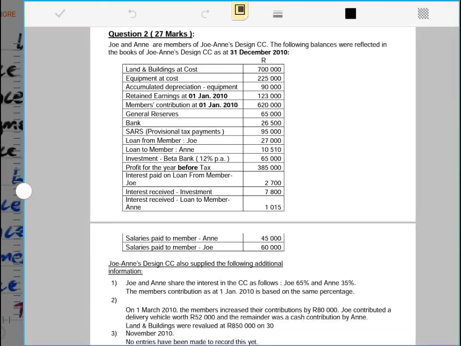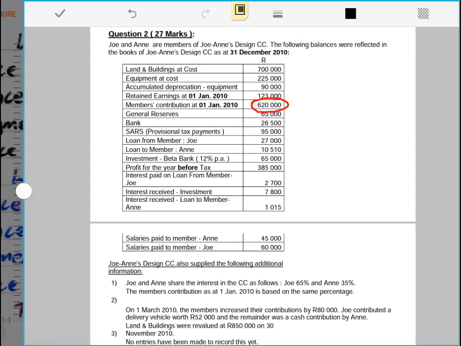We are given land and building with a cost of 700,000 rands, equipment, accumulated depreciation, retained earnings, and members' contribution. We are given their opening balances, and take into account that the members' contribution is 620,000 rands. So now all the contributions of both members are already combined in that amount.